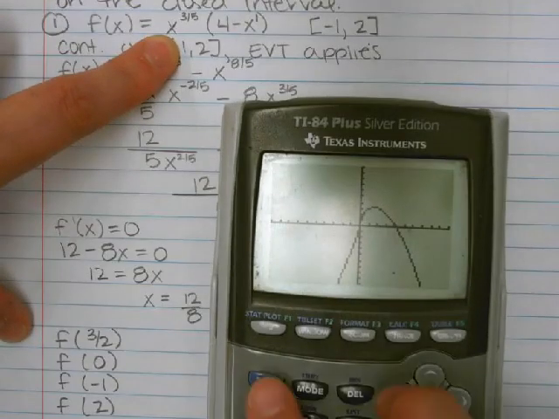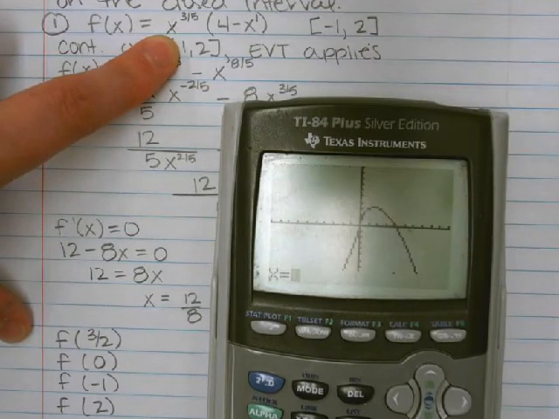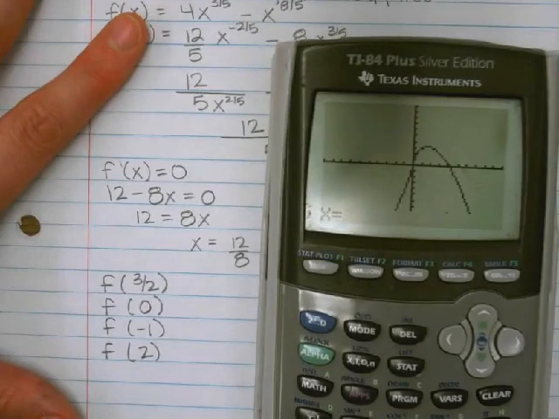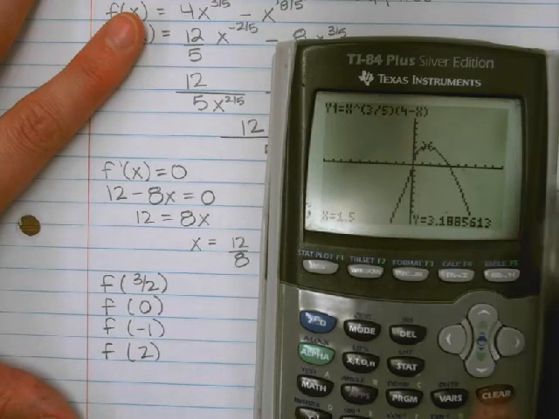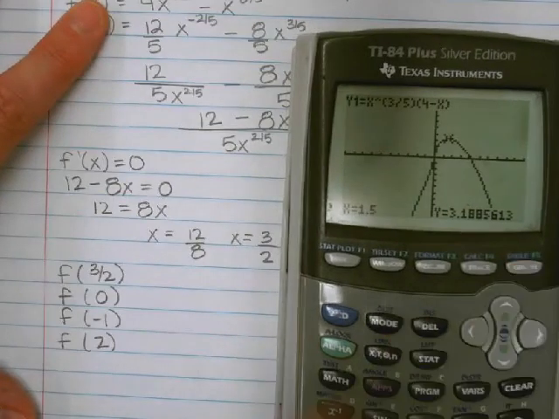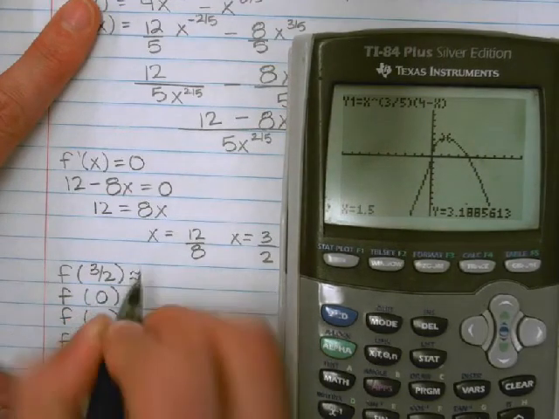Then if you hit second trace and use option number 1, that allows you to plug in any x value that you want. So I'm going to plug in 3 divided by 2 first, and that's this point up here. You might already look at that and think, that's probably the maximum, and it probably is.